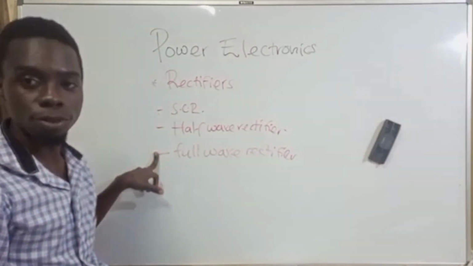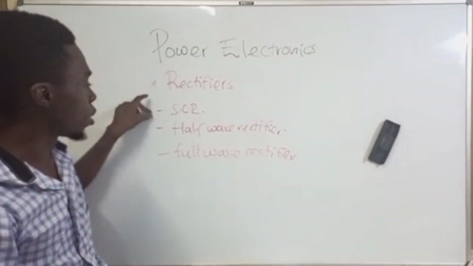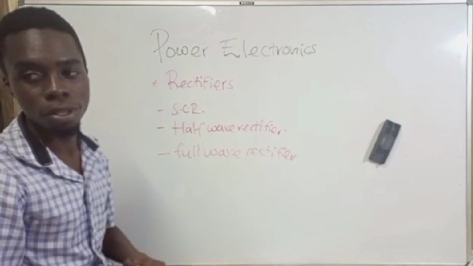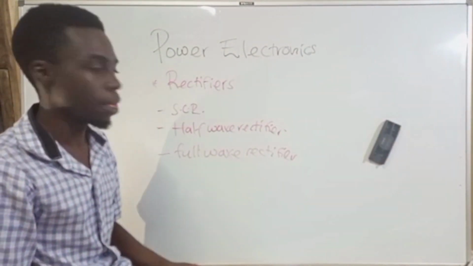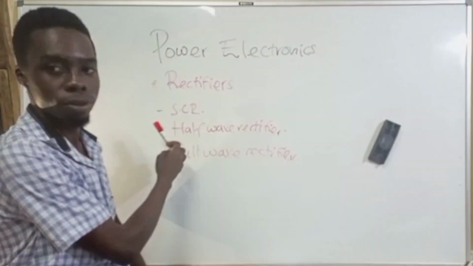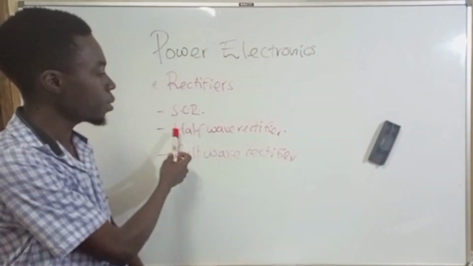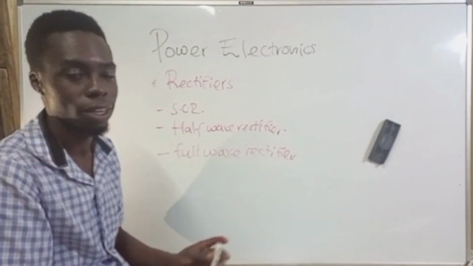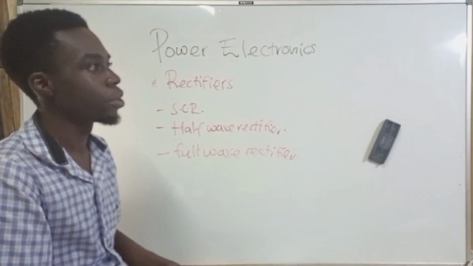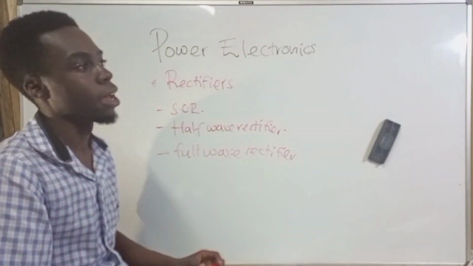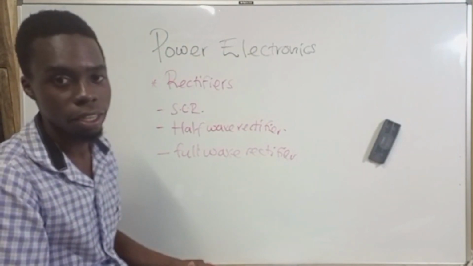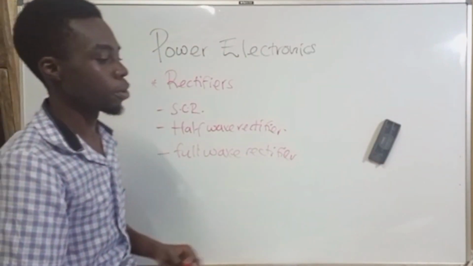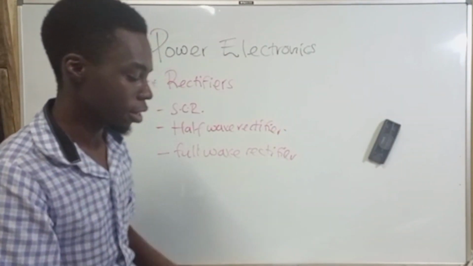We shall look at the full wave rectifier. Then we shall also talk about the silicon controlled rectifier. But as of now, we are going to start with the half wave rectifier. In there, we shall look at some of the calculations that are involved, that is to do with the efficiency, power dissipated, and all those other small calculations.